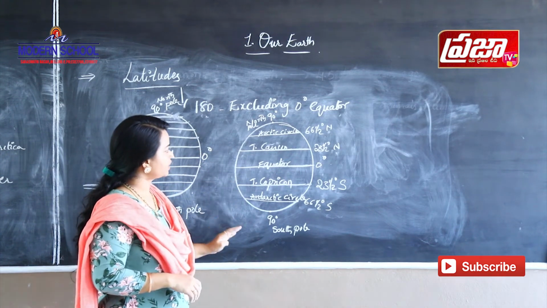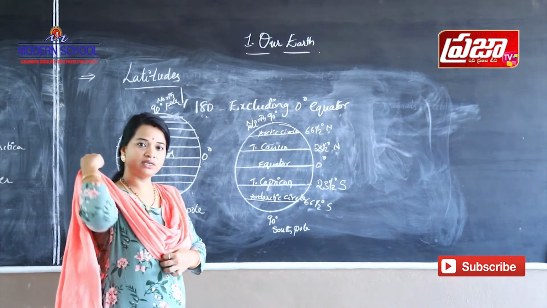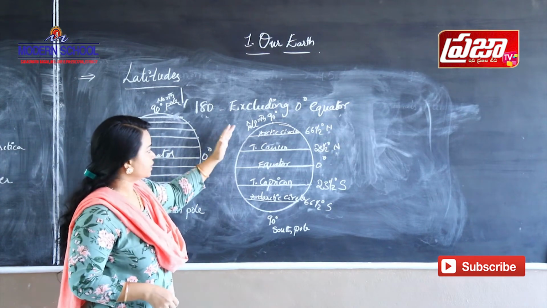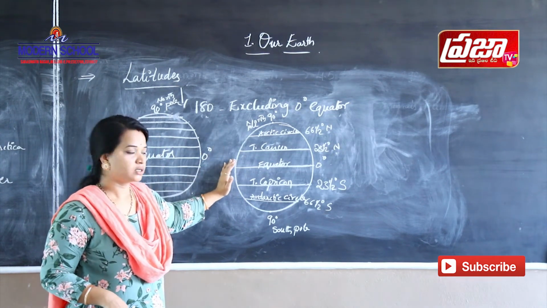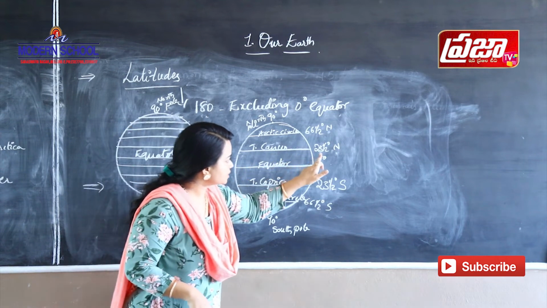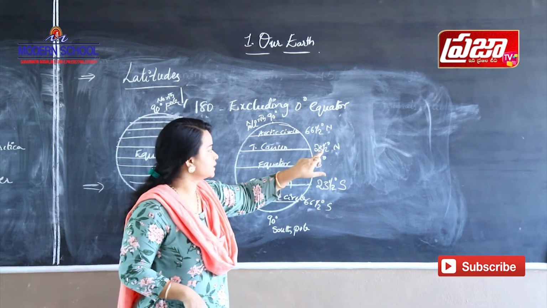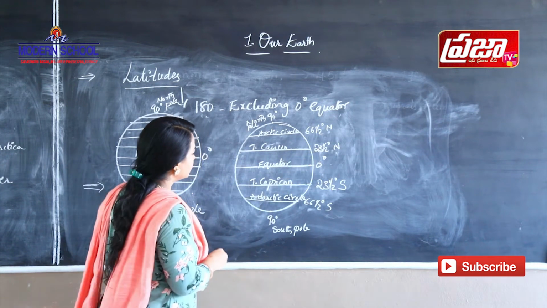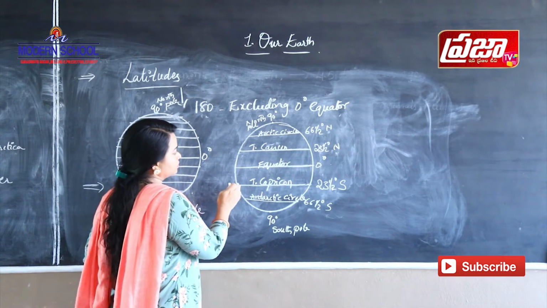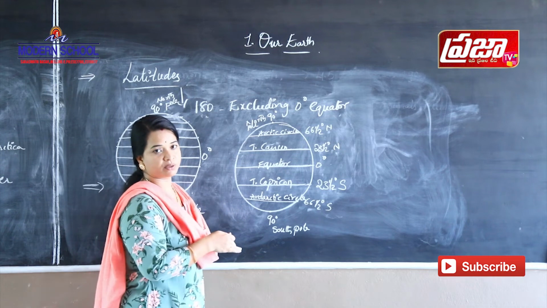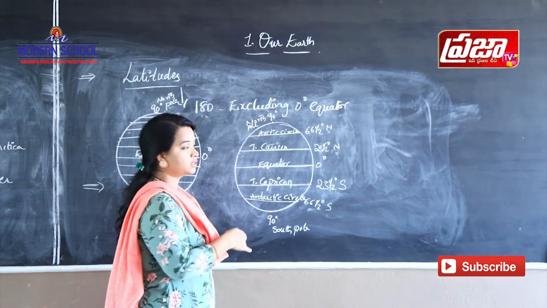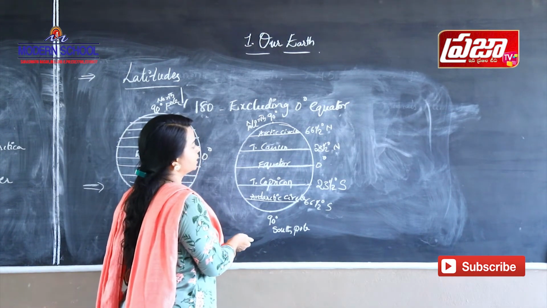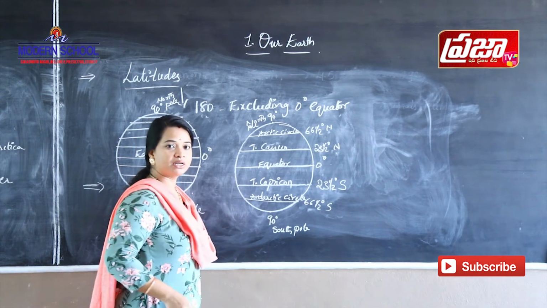These are the important latitudes we have named. What is the need of giving names to particular latitudes at certain degrees? To know the climate of a place on the earth, the geographers have given different names to the different latitudes.